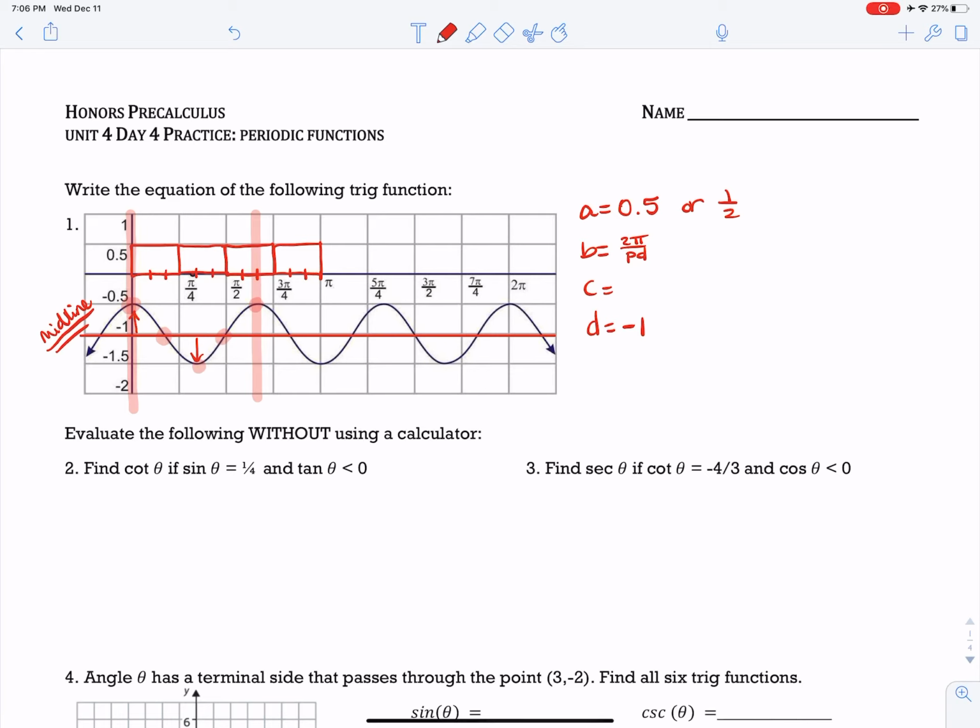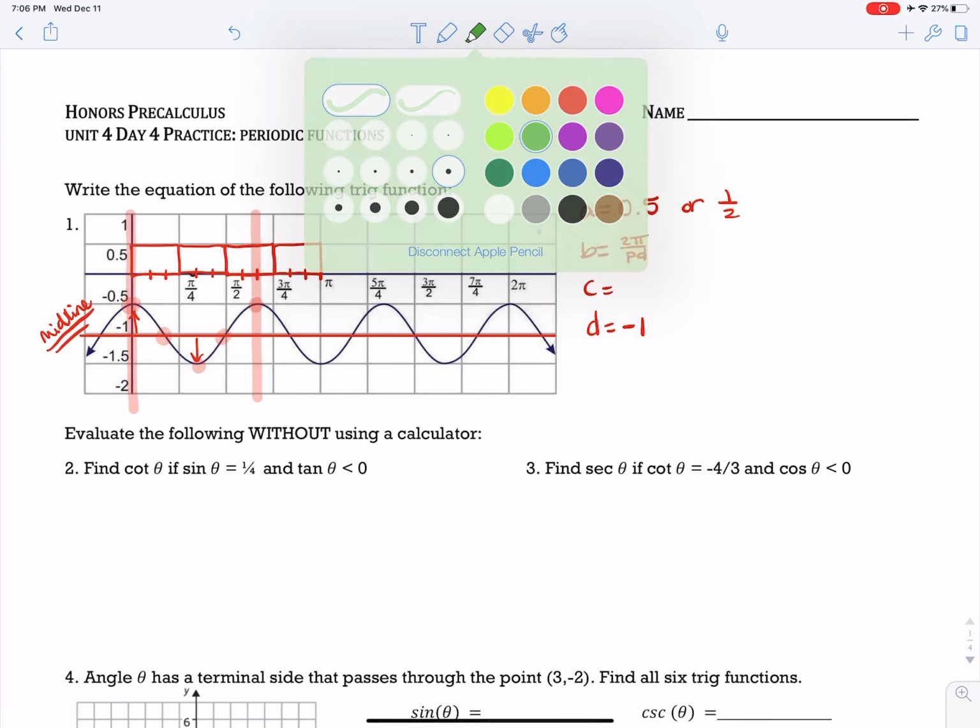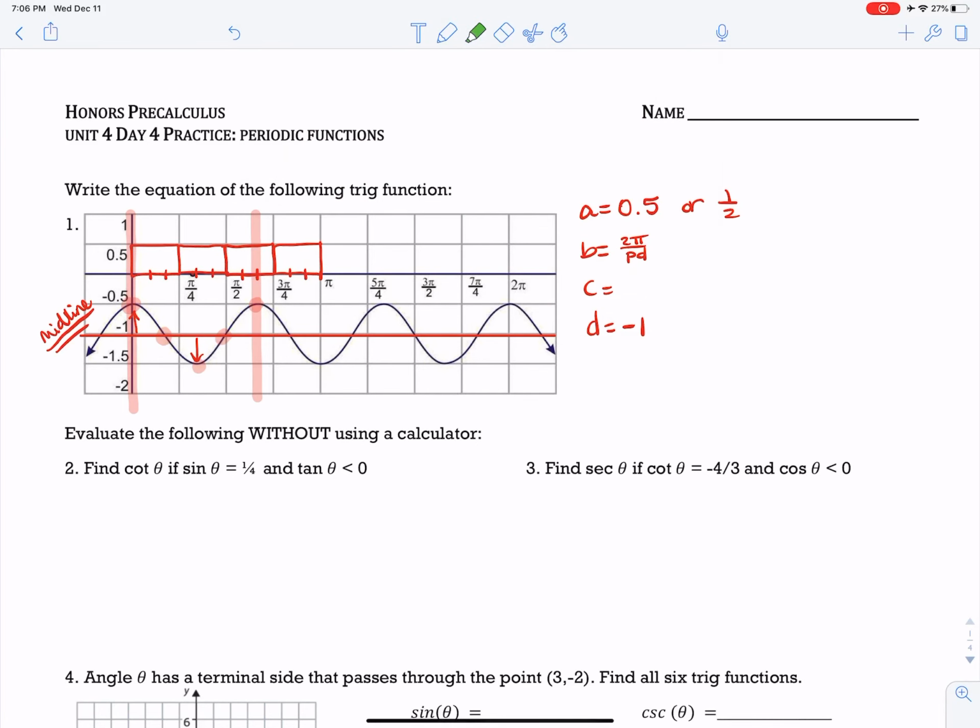Now we have to figure out how many pieces pi is broken up into. If we count them, each box is divided into 3 parts. So that's 1, 2, 3 for that box, 4, 5, 6, 7, 8, 9, 10, 11, 12. So we have 12ths. This pi is broken up into 12ths.